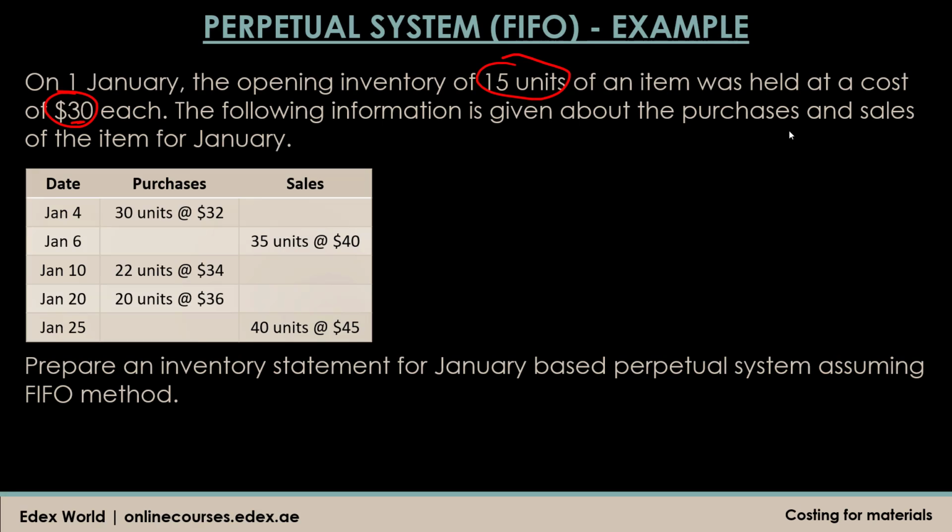The following information is given about purchases and sales of the inventory item. So during the month of Jan, purchases were so and so, given in the column purchases, and sales were also given in the column sales. Prepare an inventory statement for January based on the perpetual system, assuming FIFO method. First, let's have a look at the format of the perpetual system.